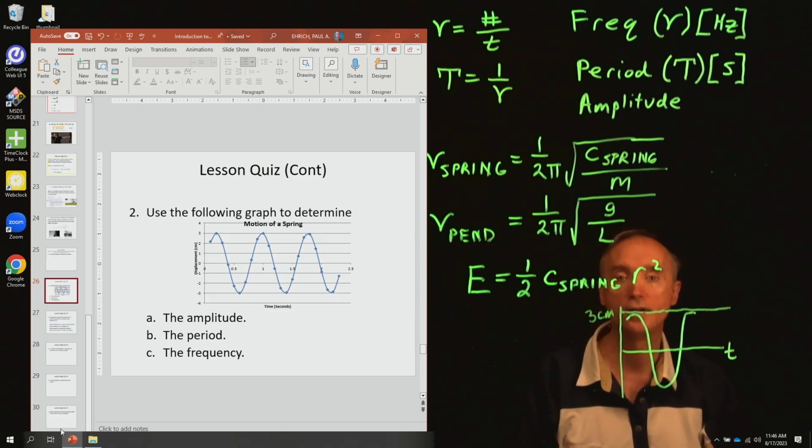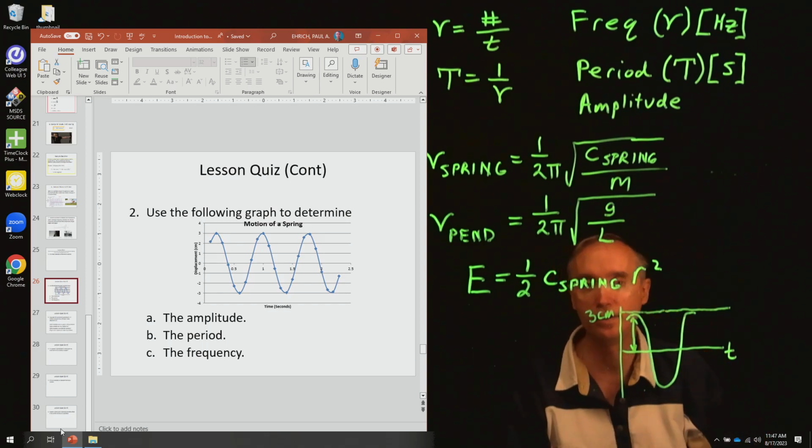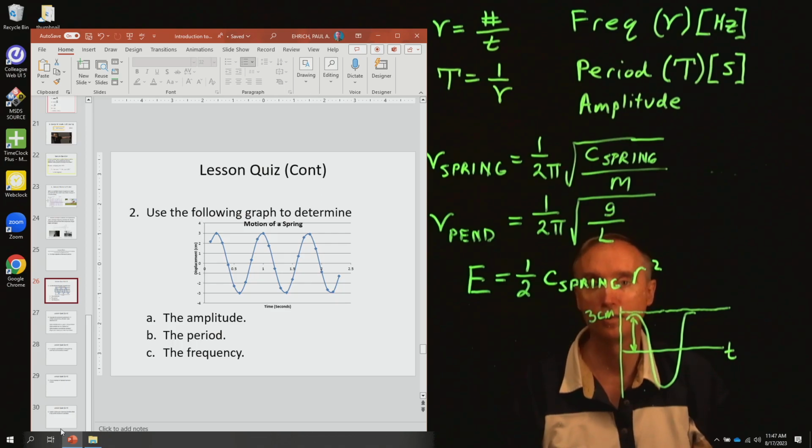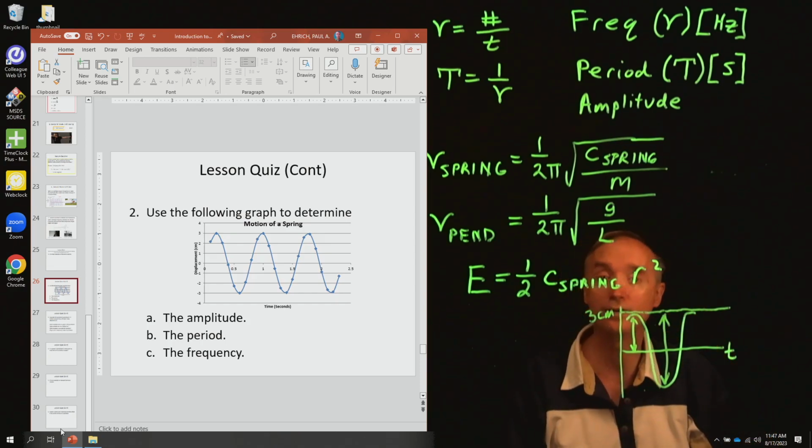So the distance from the equilibrium point up to the maximum is 3 centimeters. Remember, do not measure this total distance. So the answer is not going to be 6 centimeters, it's going to be 3 centimeters.